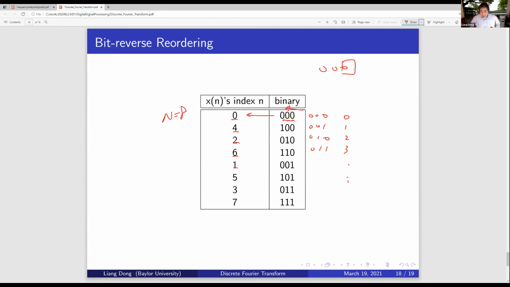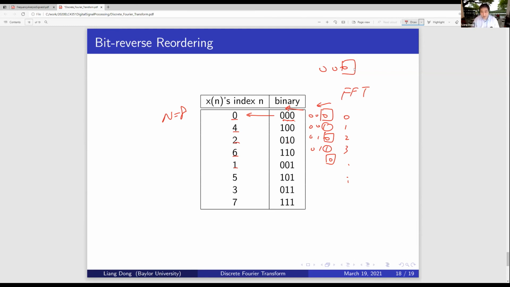Okay, so when I do the FFT, I divide your signal into 2 groups. One is odd counted, one is even counted. So the first thing I'm looking at is actually the last bit. So these are the even counted, and these are the odd counted. So I group it according to the least significant bit, and then move towards the most significant bit.